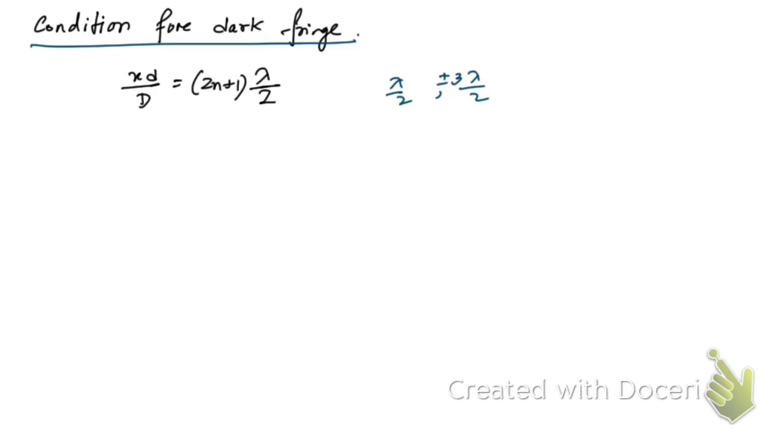Here of course we're going to get plus minus 3 lambda by 2. Hope you have understood this. Plus minus half lambda, and so on, plus minus 5 by 2 lambda. These are the positions of the dark fringes.